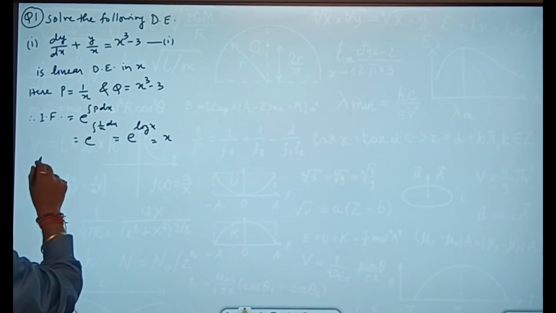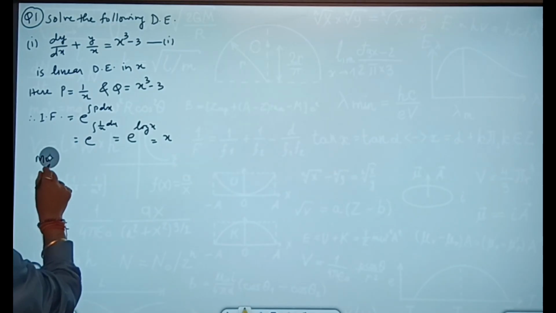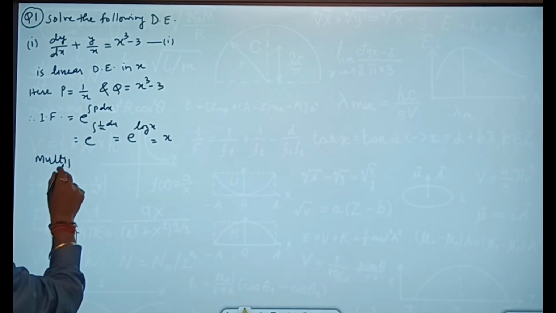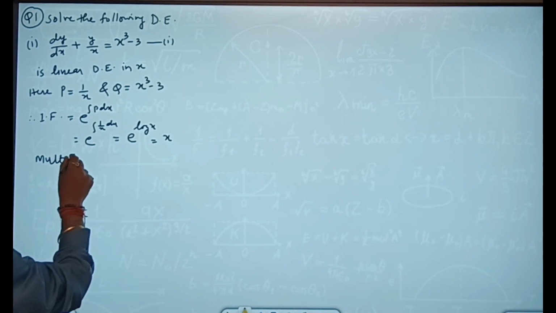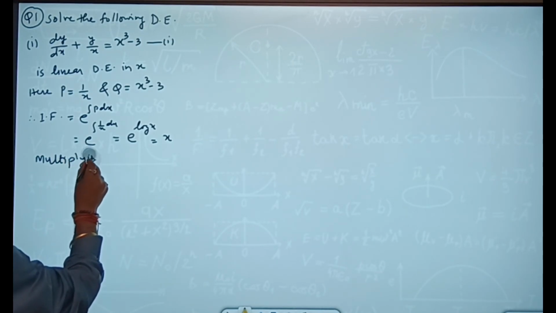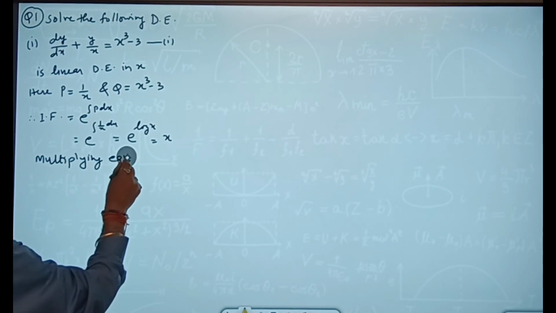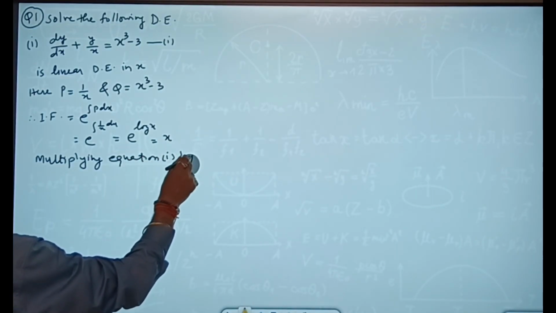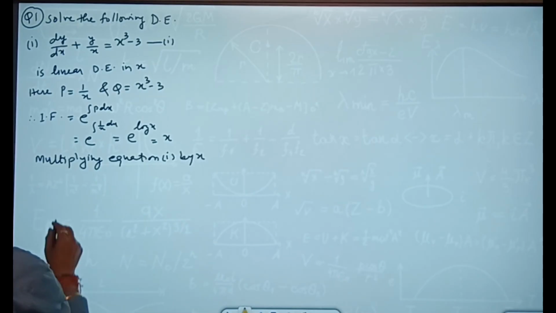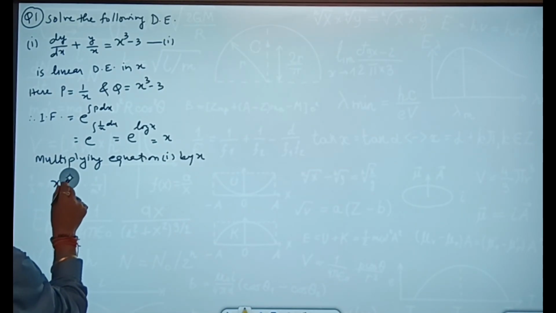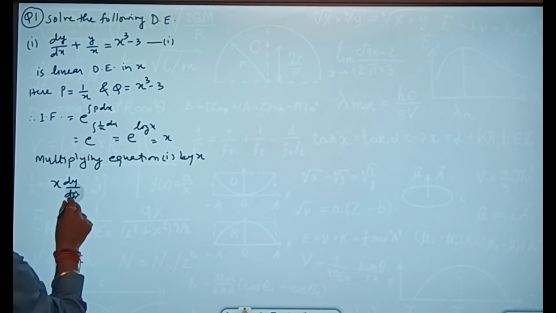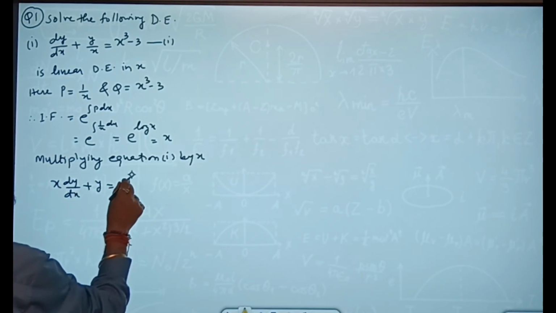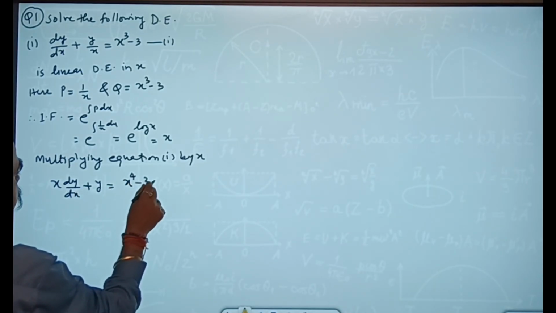Multiplying equation 1 by x, we get x dy by dx plus y is equal to x raised to 4 minus 3x.